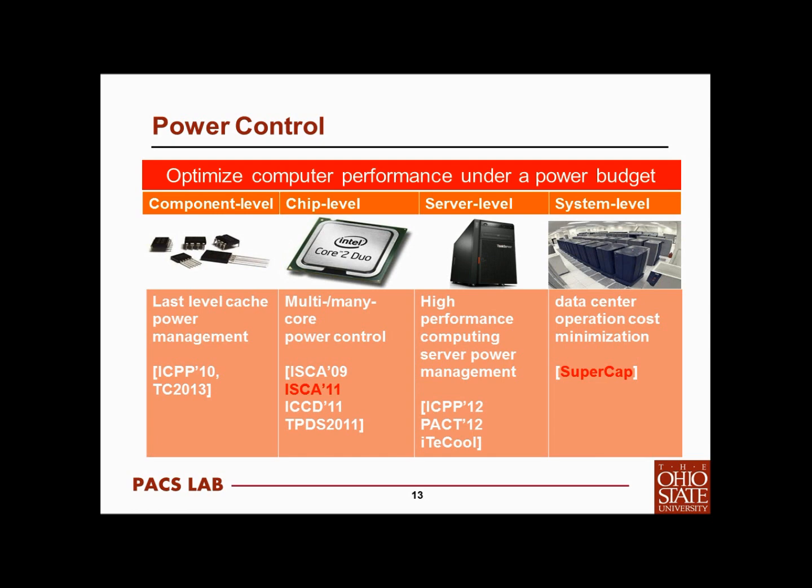In the following slides, I will introduce two examples. One is on the chip level, our ISCA 2011 paper, and the other one is our SuperCap project, which discusses how to use power control to reduce the operation cost of a data center.